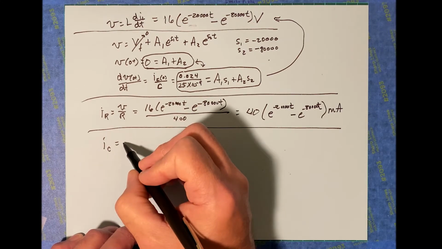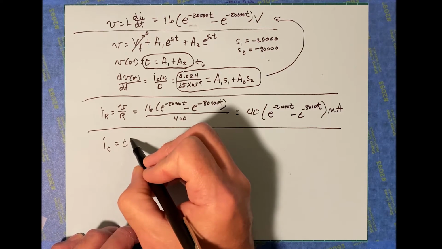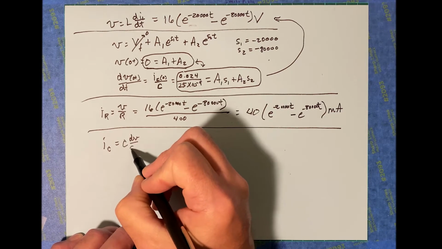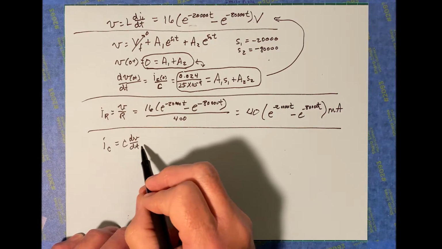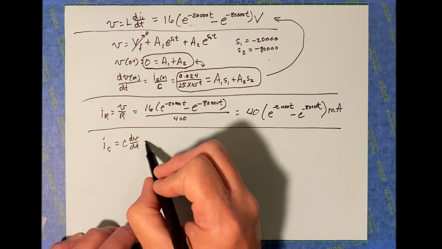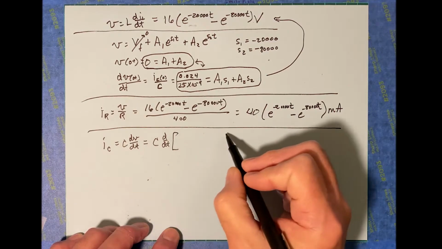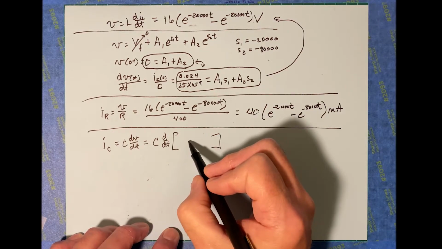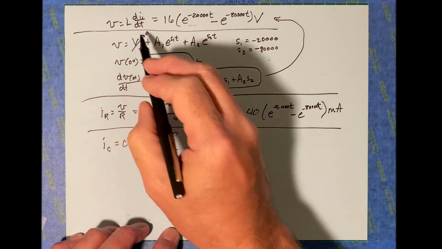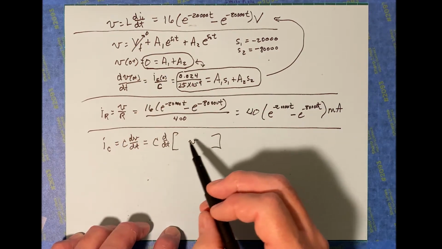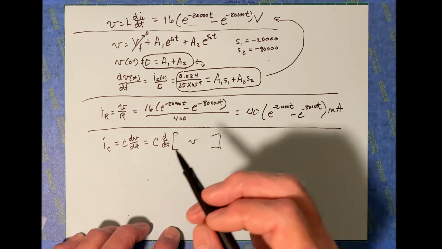Okay, then what about I sub C? Well, I sub C is C dV dt, so you could find it that way. Take C and take the derivative of what goes in the parenthesis here, which is the voltage function. Okay, that's one way to do it.